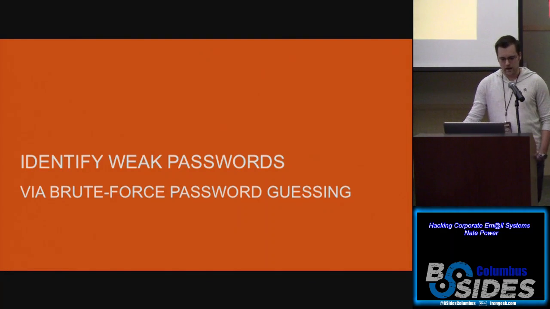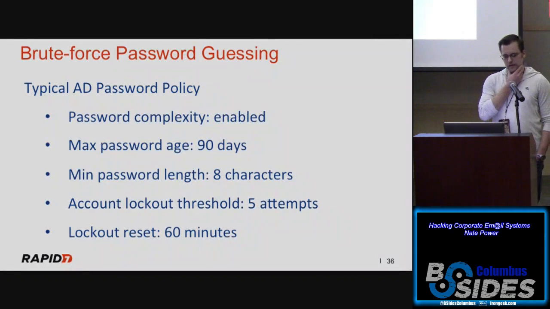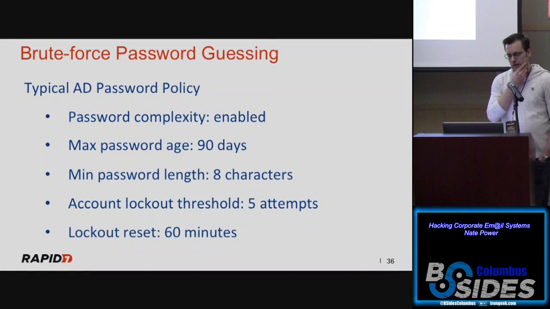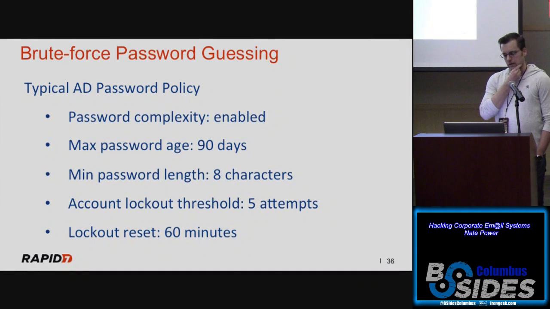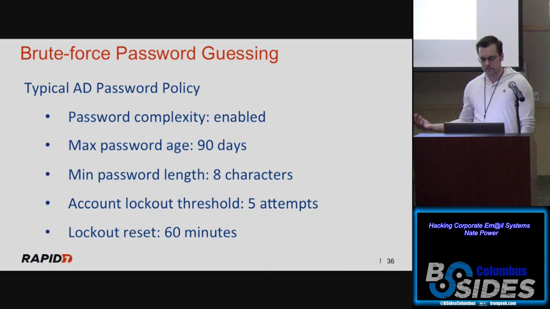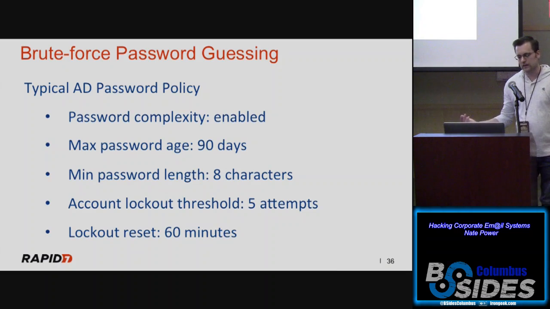Okay, let's talk about identifying weak passwords. This is a typical password policy I'm probably seeing like 75% of the time organizations using. Password complexity enabled, yes. Passwords rotate every 90 days. It's got to be 8 characters. After 5 invalid attempts, it locks out for an hour.